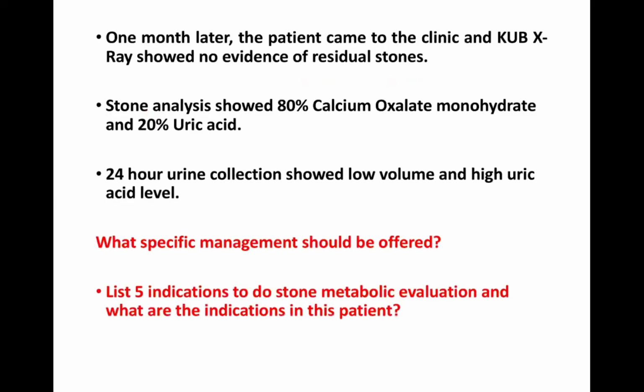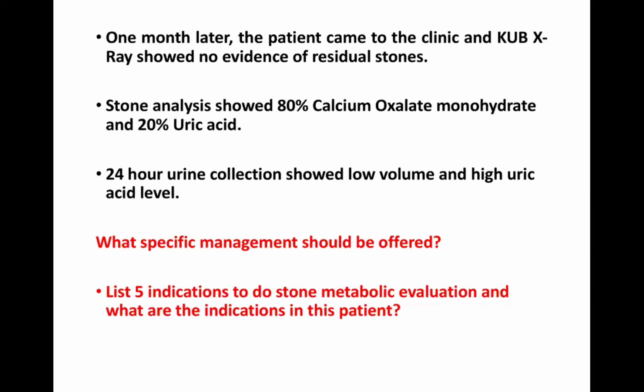1 month later, the patient came to the clinic with a KUB X-ray that showed no evidence of residual stones. Stone analysis showed 80% calcium oxalate monohydrate stone and 20% uric acid component. Plus, the 24-hour urine collection that you've done showed low volume and high uric acid level. What is the specific management you should offer to the patient?